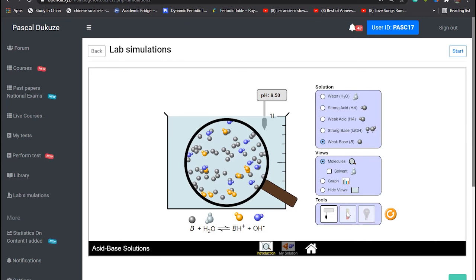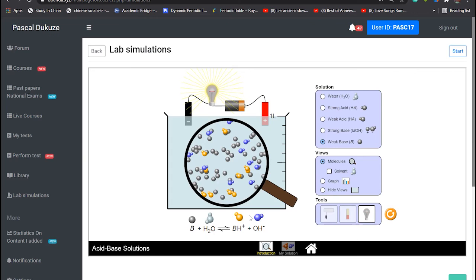And you can also use the indicator. If you put it in the solution, you see it is in the 10 and 9, okay? And when you use the electric circuit, you see the light is not that shiny. The light is not so much shiny because we have a small number of dissociated species as well as the free-moving ions.